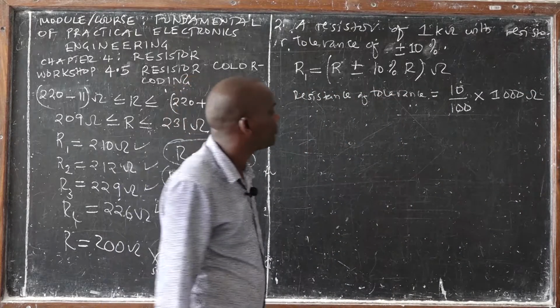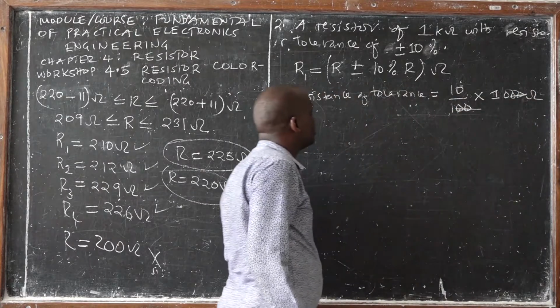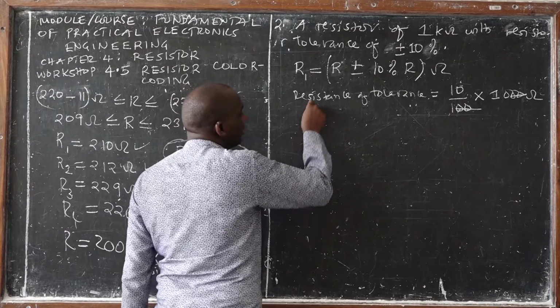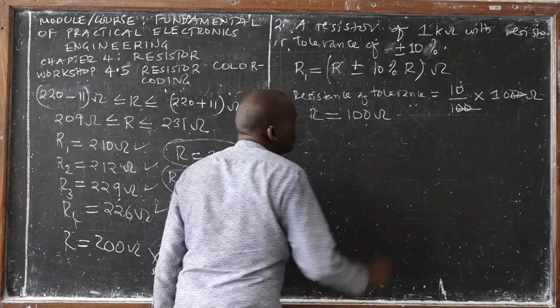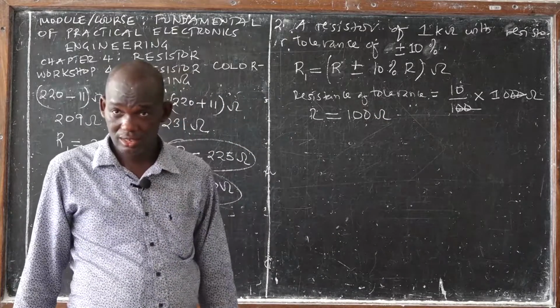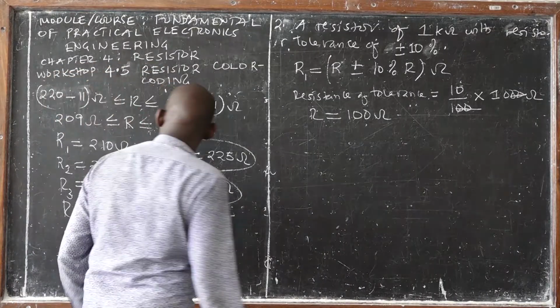So here we cancel the zeros. What is the tolerance? So the resistance tolerance is 100 ohm.